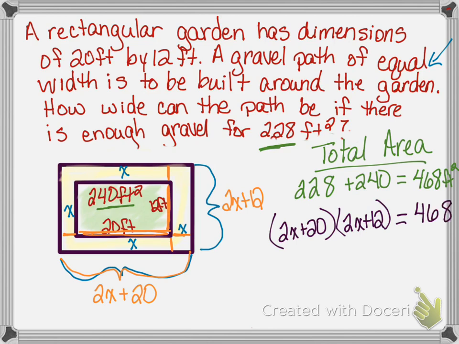So what I want you to do now is FOIL 2x plus 20 and 2x plus 12. I'm going to give you 1 minute to FOIL it.